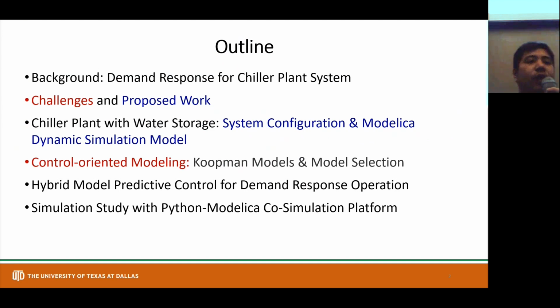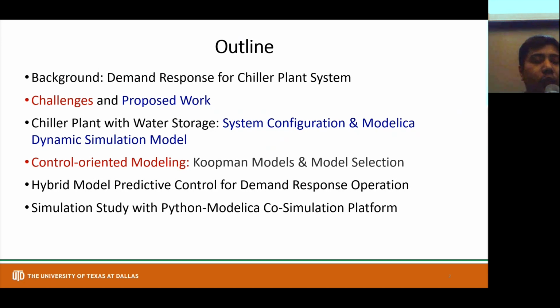First, I will introduce the background and the motivation of this study, and the challenges and our proposed work to solve these challenges. Then I will introduce the chiller plant with the water storage dynamic model in Dymola based on the Modelica language.